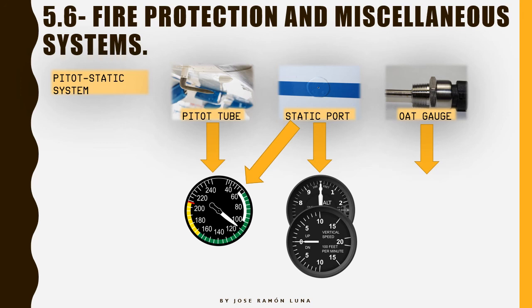Good. Now the OAT gauge. The OAT gauge is going to give us this reading on the screen in the Garmin 1000. We use the temperature for planning purposes, for performance purposes, but the Garmin 1000 actually uses the temperature for giving us a more precise speed.